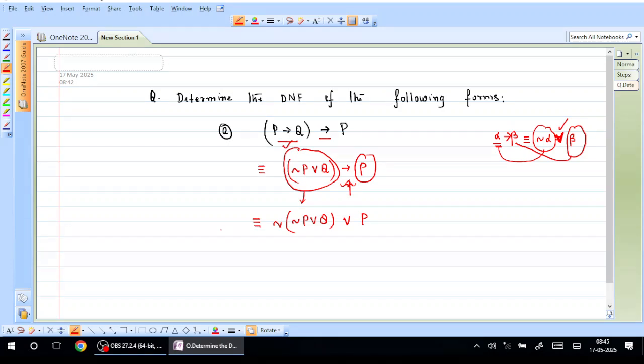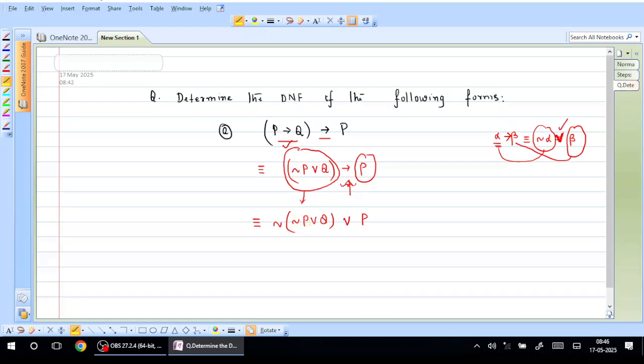So once the conditional is handled, I will go for De Morgan's law in order to handle negation. So here you should check where negation is appearing. I am highlighting the part where negation is appearing before a primitive statement, but I will not touch this.